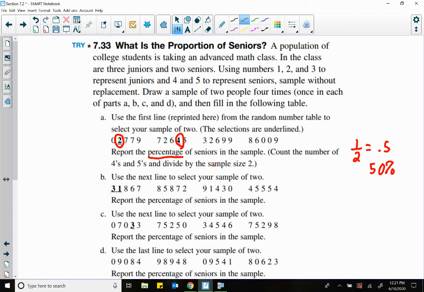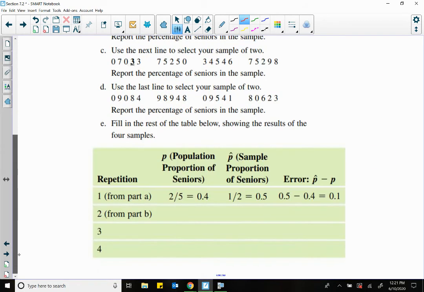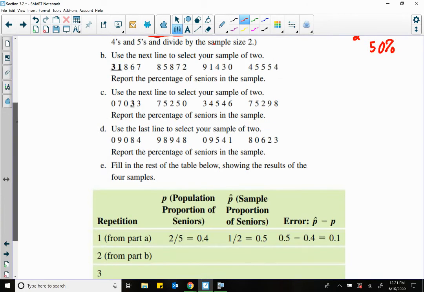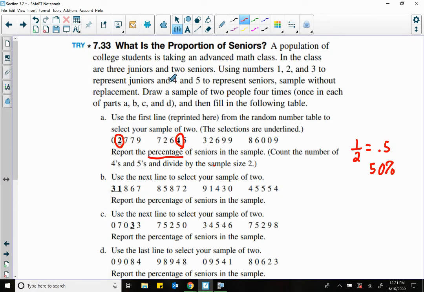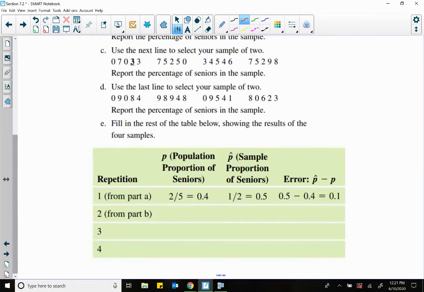Now, when I come down here to put this in my table, the population proportion of seniors, so this is out of the population. Remember, there are 2 seniors out of how many people total? 1, 2, 3, 4, 5. So that's why you see 2 out of 5, which is 0.4.